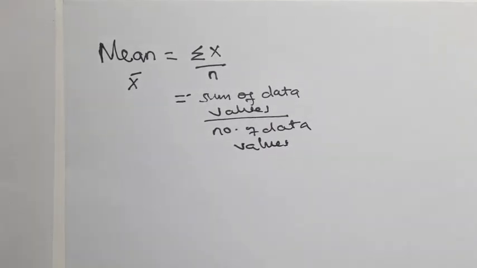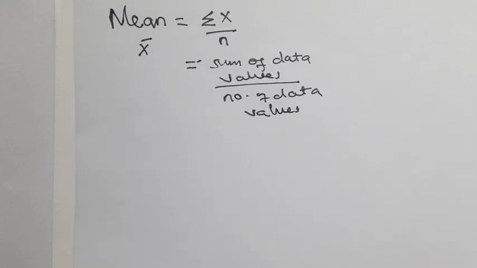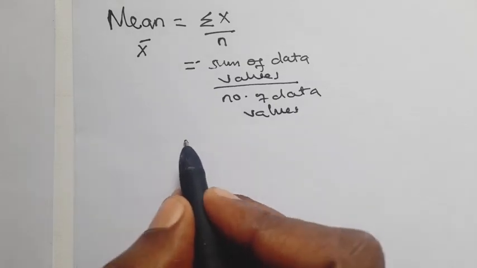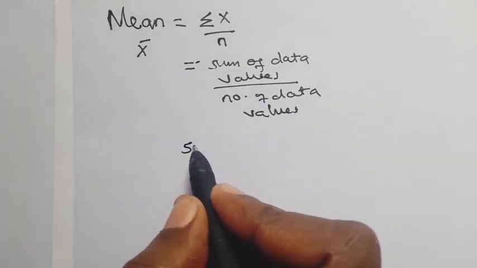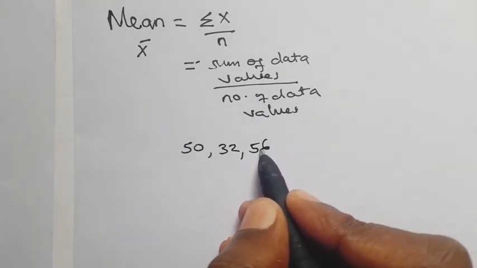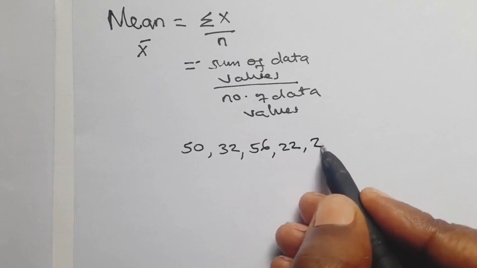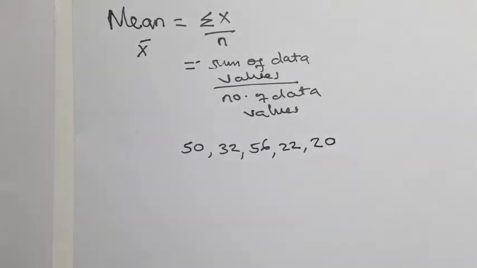Now let's say that we have some data here, a set of numbers, and we want to do a calculation of the mean. Let's say we have 50, 32, 56, 22, 20. How do we calculate the mean of the given set of numbers?